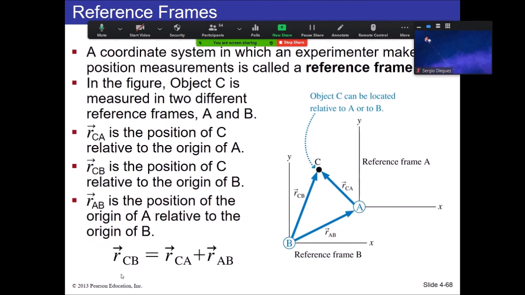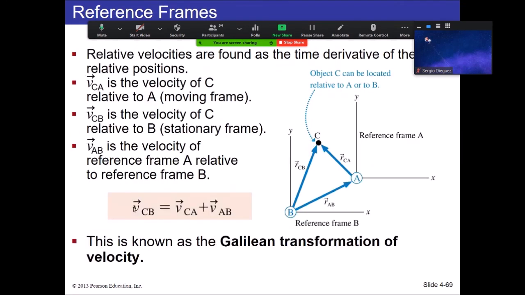So it's the same exact equation, same subscripts, right, with velocity. And this is what's known as the Galilean transformation of velocity. And two people can observe an object and they may report different speeds for the object. But this equation allows them to check their numbers and make sure that they're observing the same thing.